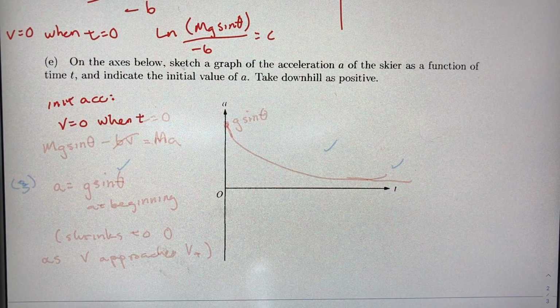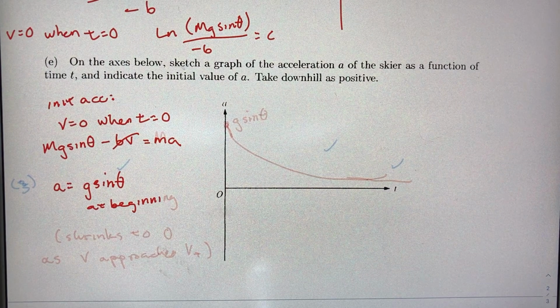Not anymore. All right. Cancel the capital M's, and the acceleration starts out at g sine theta and then shrinks to 0.